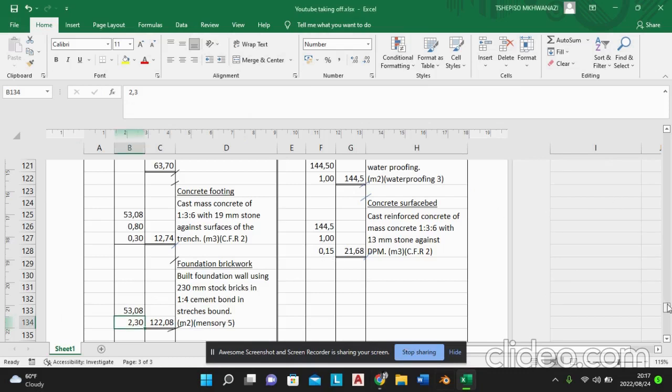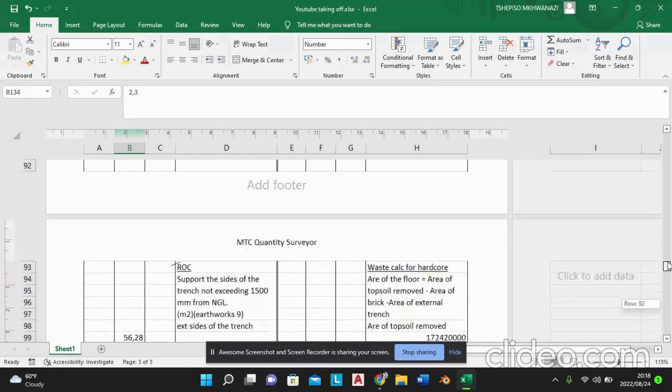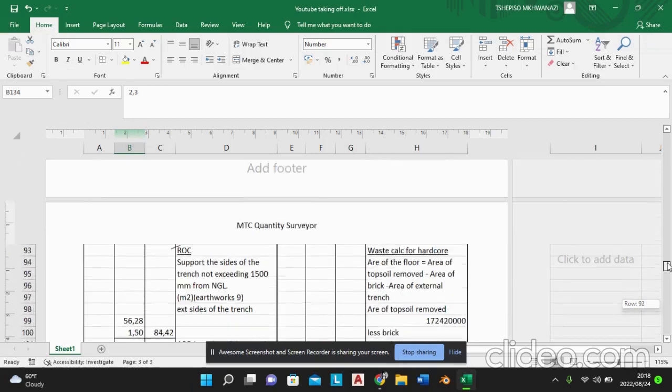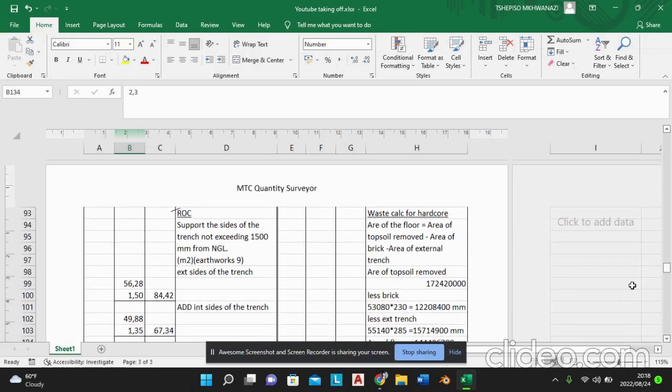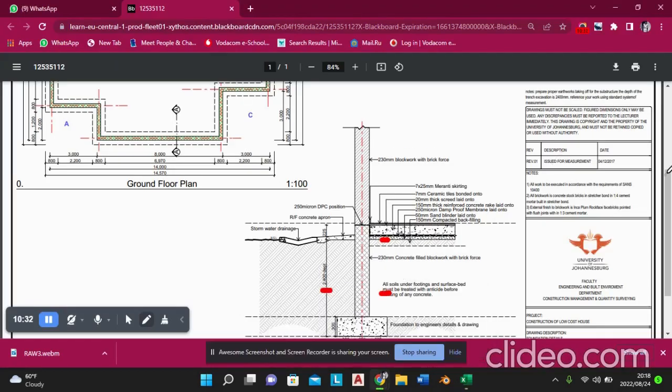Now we're going to do our hardcore, our floors. First of all, we're going to have our waste calculation. The only thing we have to do here is calculate the area of the floor. Let me first erase all and then change this.